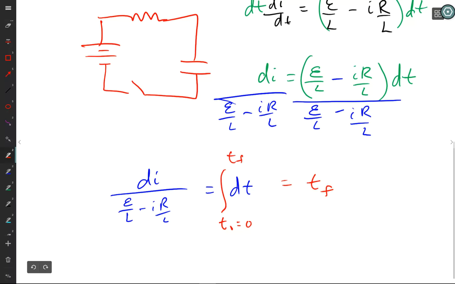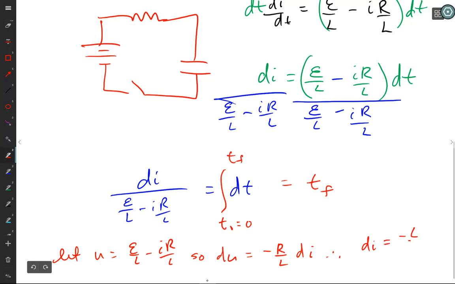That's just time final. The left side, well, the way I learned to do these things is I always use a U substitution. I let U equal E over L minus I R over L. So du is equal to minus R over L di. Therefore, di is equal to minus L over R du.